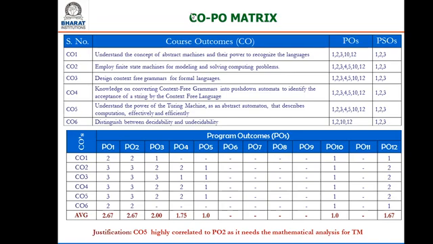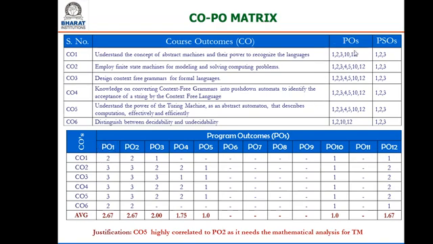So after defining the CO-PO matrix, you have to define the mapping levels, which can be shown in the below table. The table consists of COs and POs followed by the PSOs. Each CO is mapped with a particular PO.